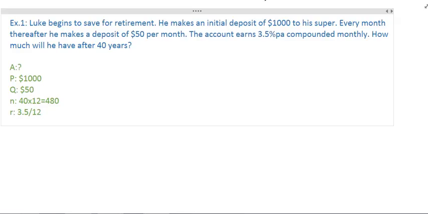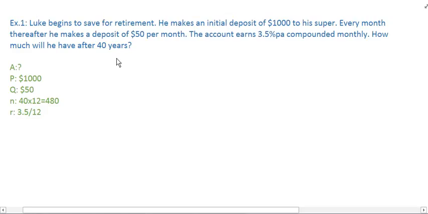So if we were to do this one by hand, it's going to look something like this. A is equal to 1,000 times 1 plus 3.5 over 12 over 100 to the 480. So that's our first component.